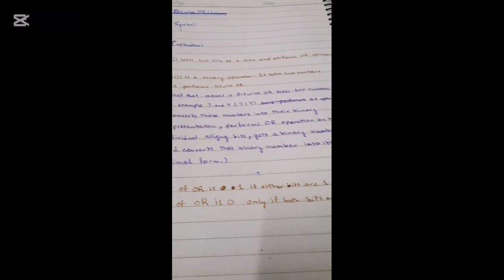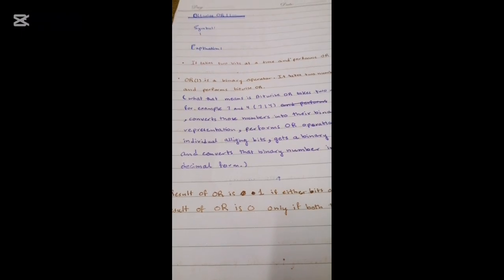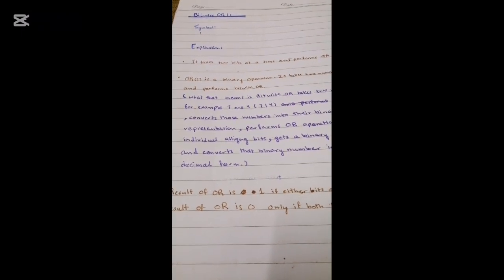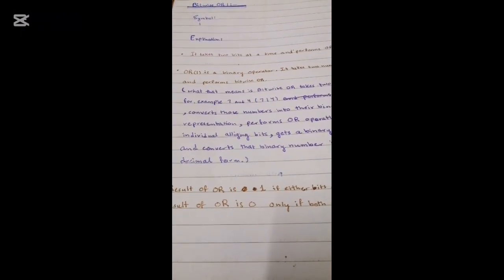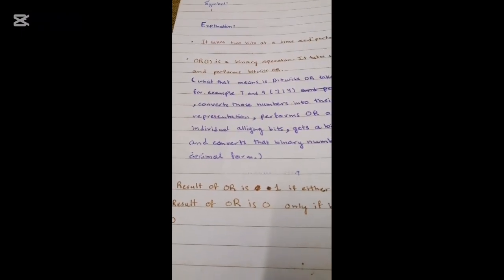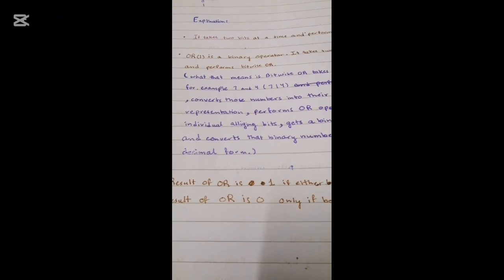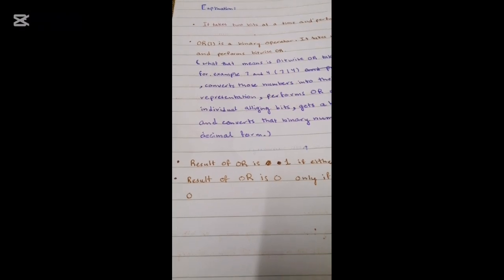Then it gets a binary number as a result of applying OR operation on the individual aligning bits and converts that binary number into its decimal form. I have explained this second point with an example, but first we need to see the further 2 points.